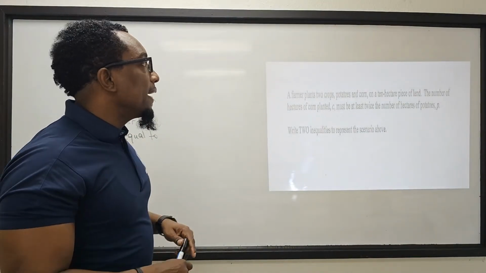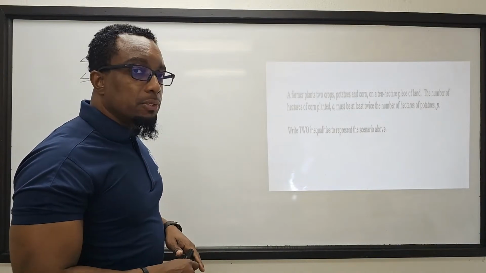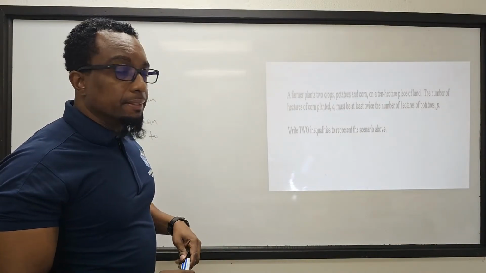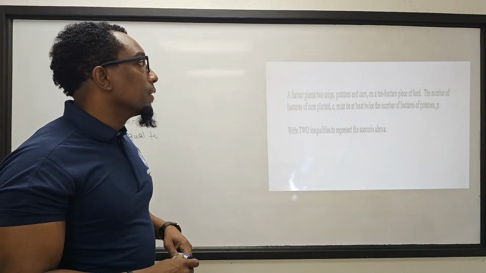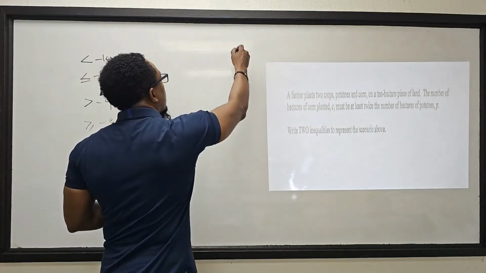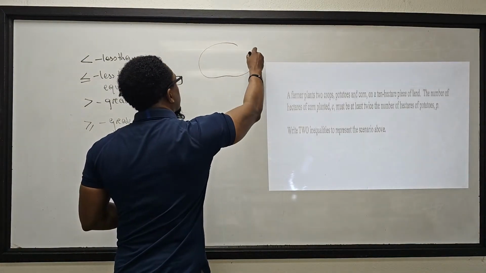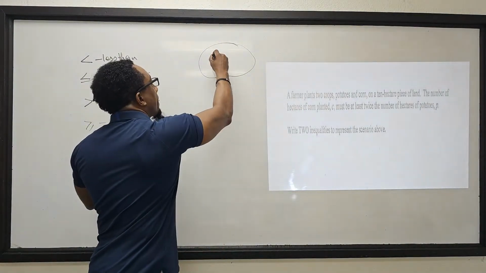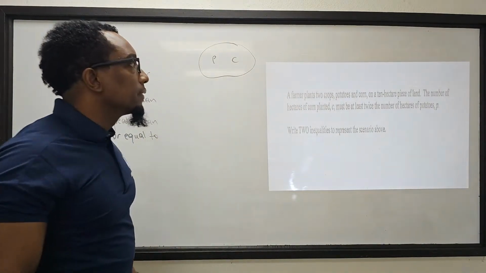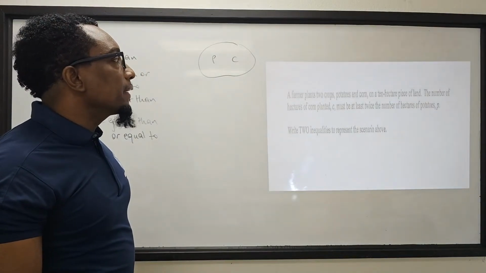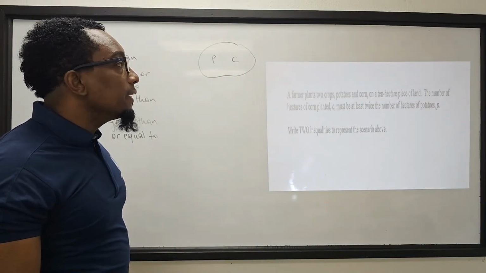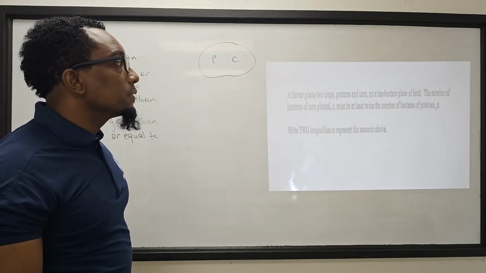A farmer plants 2 crops, potatoes and corn, on a 10-hectare piece of land. The number of hectares of corn planted must be at least twice the number of hectares of potatoes.